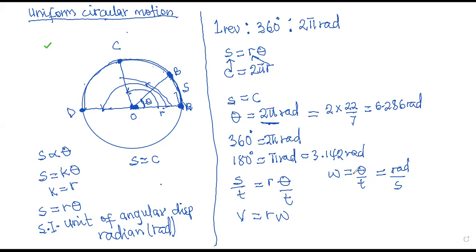Other units of angular velocity can also be revolution per second, shortened as RPS, revolution per minute, RPM, and revolution per hour, RPH. But note that the SI unit is radian per second.